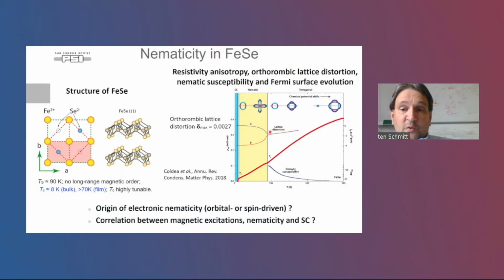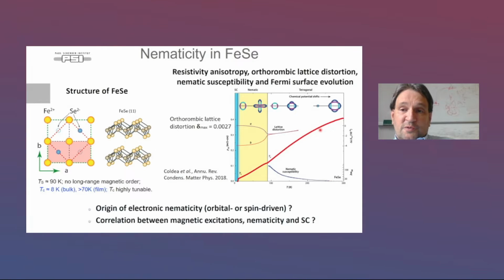If you go below the nematic phase transition, you have a different response of resistivity along the A and B directions. You also have an orthorhombic lattice distortion, exactly coinciding with this nematic phase transition, and you have a divergence of the nematic susceptibility, which you can see here. The nematic susceptibility diverges when you approach the nematic phase transition. You see here the anomaly of the lattice distortion.